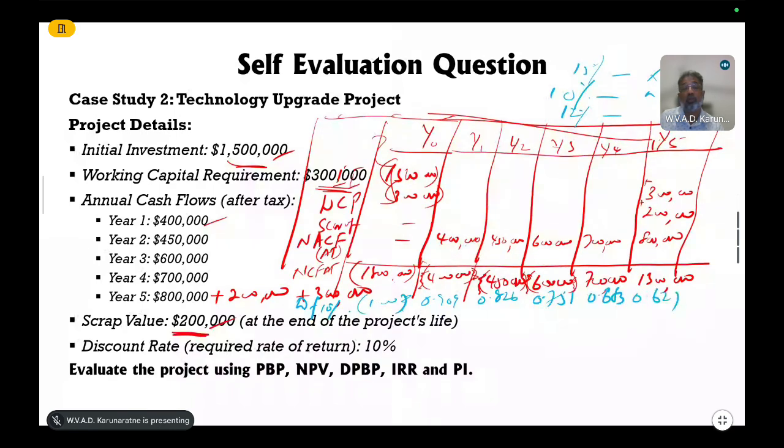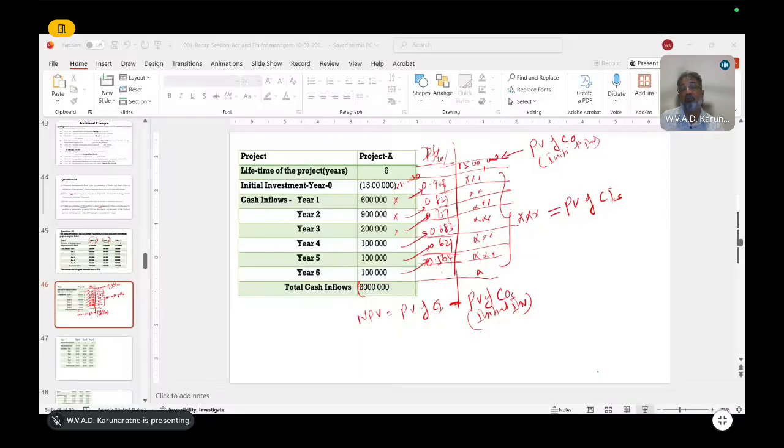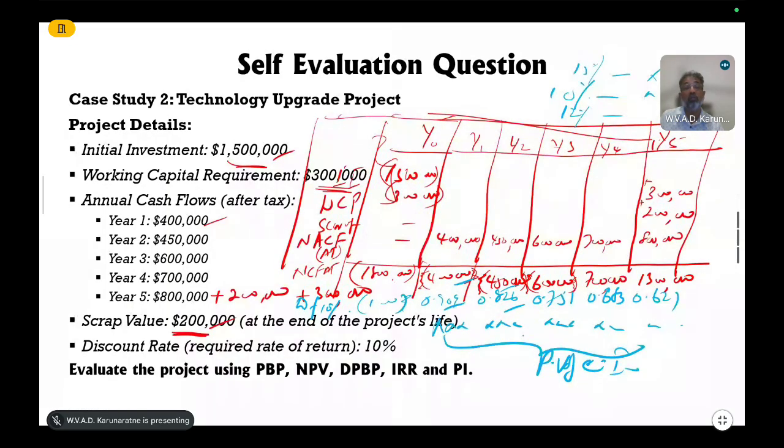you have to multiply this by here, 400,000 by here, 450,000 by here. Likewise, you can obtain the answers, right? And ultimately you can take the present value of cash inflows and the initial investment and compare them.